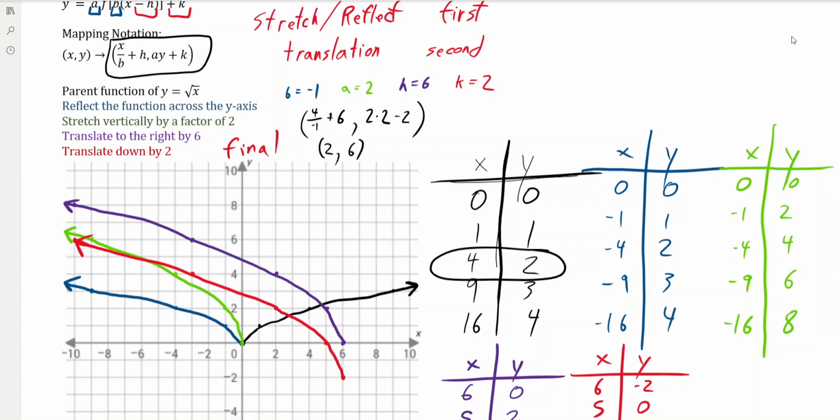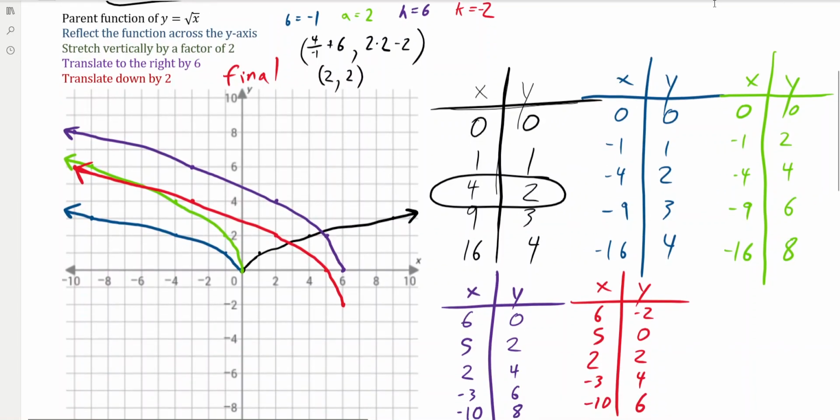All 2's. There you go. So what I did wrong was, because it said down by 2, that should have been a negative 2 over there. So by doing 4 minus 2 instead of 4 plus 2, it's now 2, 2. And you can see how that would be the same as our third point.